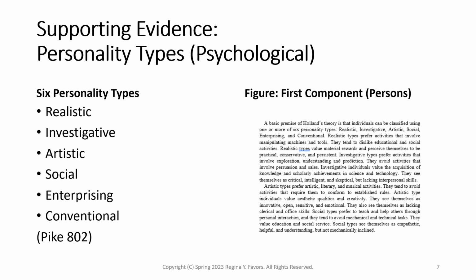But the figure here that you see is the first component, persons, and that is basically where I got the information in terms of what he is referring to with the psychological interpretation of Holland's theory. So that will be supporting evidence on Pike 802.